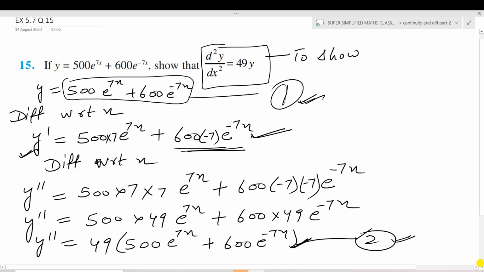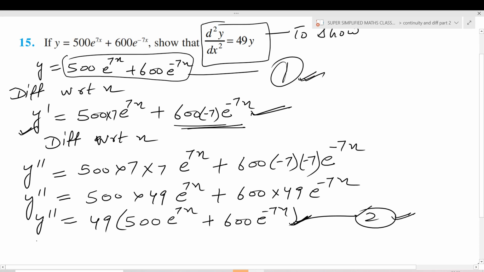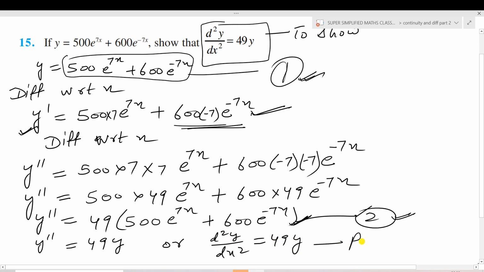So I replace this expression by y, and I get y double dash is equal to 49y. Or I can rewrite it as y double dash, which is d2y by dx2, is equal to 49y.